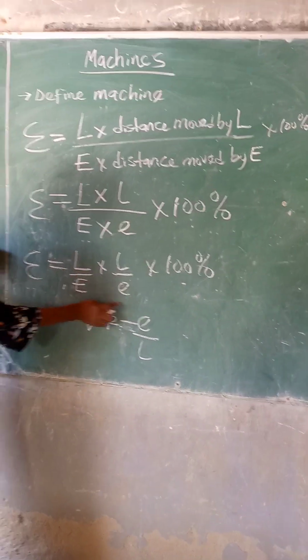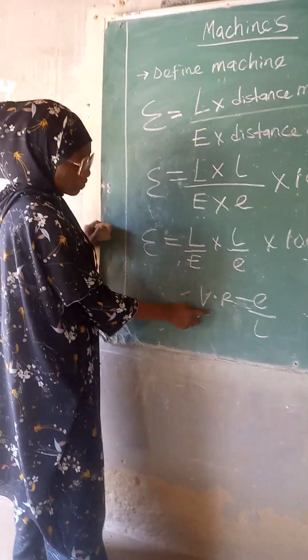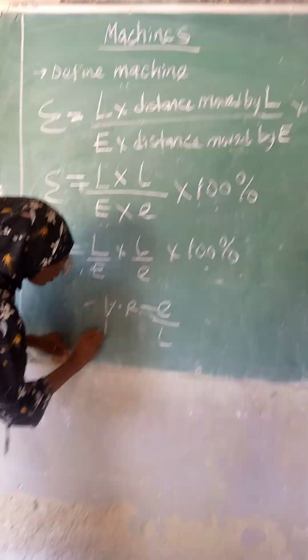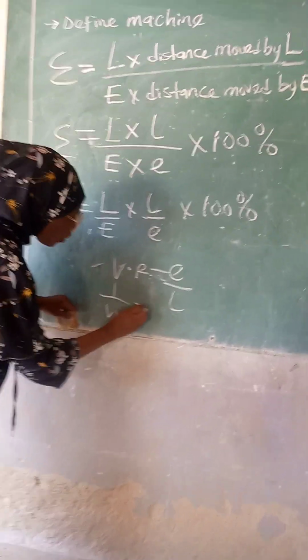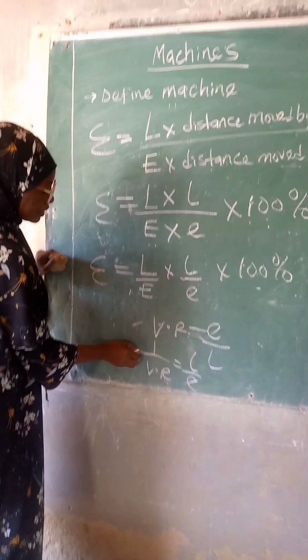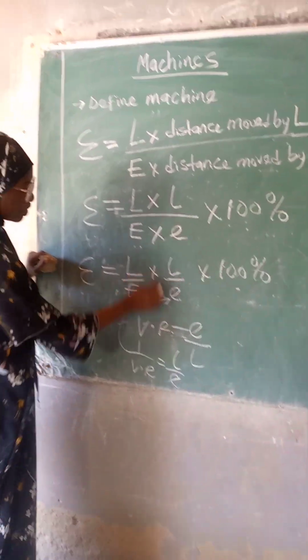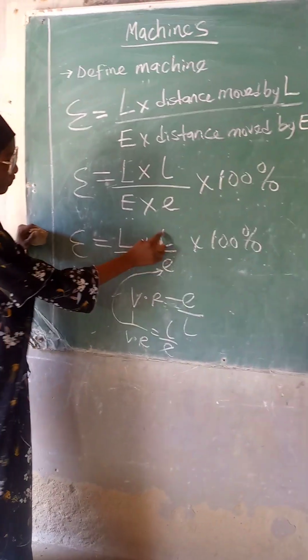So now we want to suit what we have here. We have L over E, that's the inverse of this. So it means 1 over VR will be equal to L over E. So we'll substitute this, putting the inverse, it will now be 1 over VR instead of L over E.